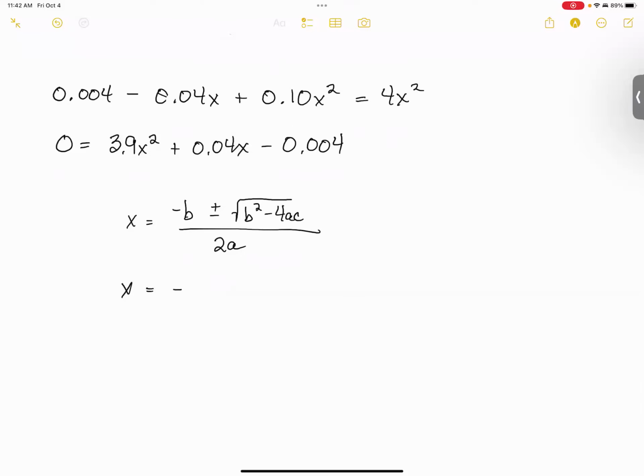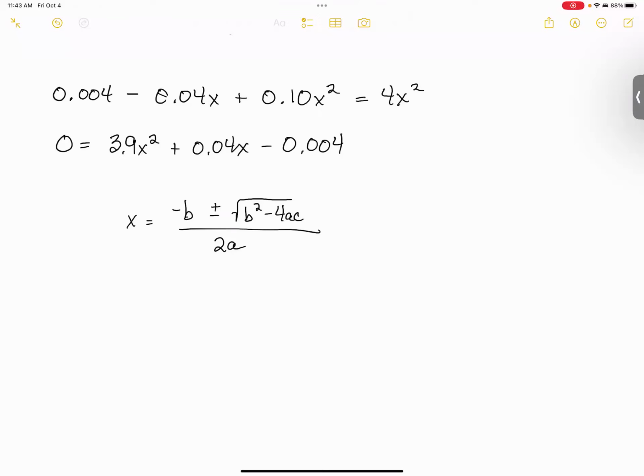Something's up. I've done my quad wrong. Can I borrow your calculator? I set yours up yesterday. Yes, you did. So let me put these in here real quick.